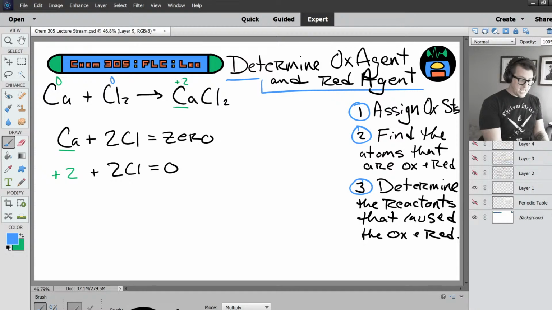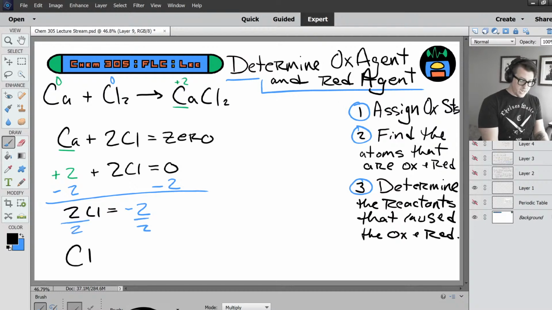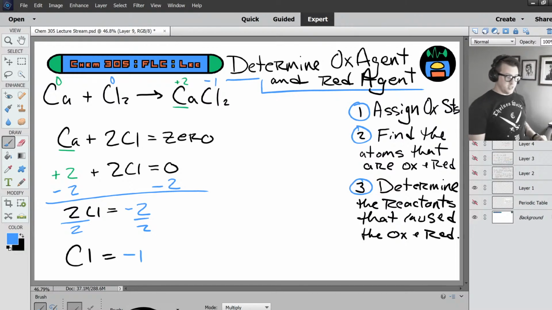Now we subtract 2 from both sides of this equation, and we get 2 chlorides together have a charge of negative 2. Then we divide both sides by 2 to realize that chloride has an oxidation state of negative 1 on the product side of this equation.